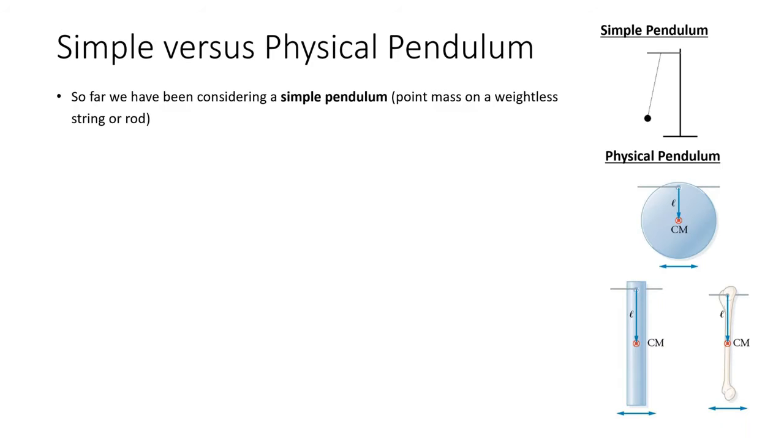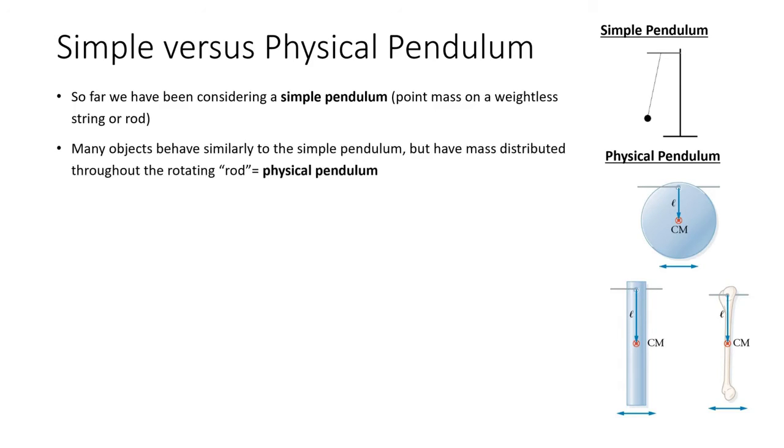Okay, so far we've really been talking about a simple pendulum. So remember, this is this idea that we have a concentrated mass at the end of a weightless string or rod. But we can also think about things oscillating like a pendulum that have mass distributed throughout the thing that's oscillating, right? So not just concentrated at a little bob at the bottom. And this is what we refer to as a physical pendulum.